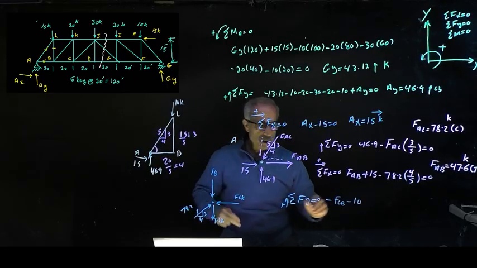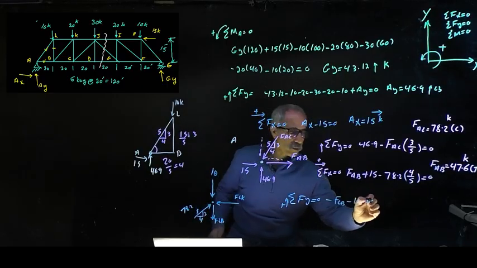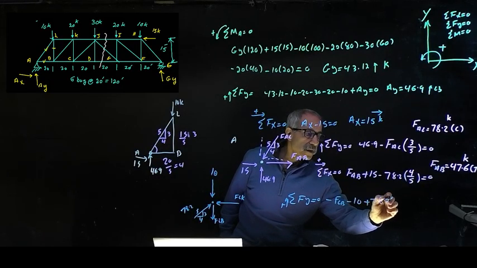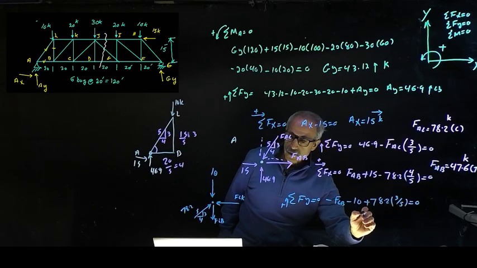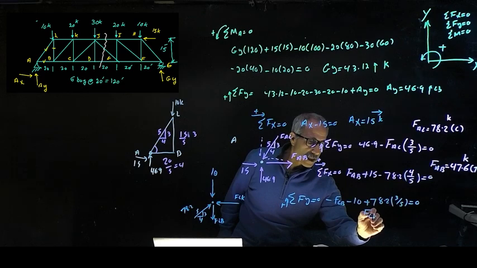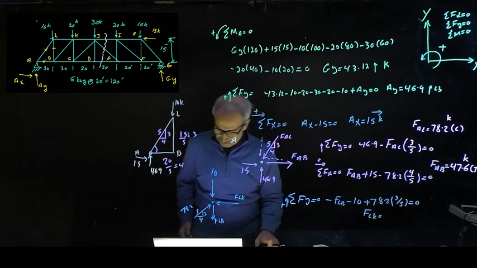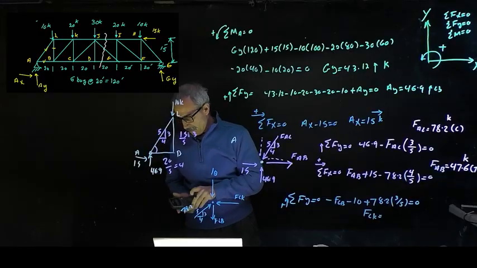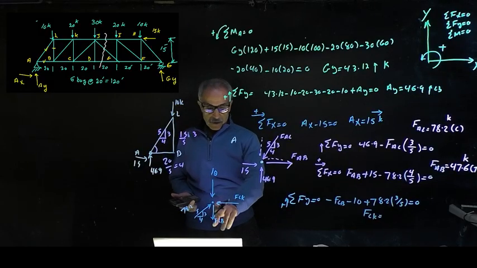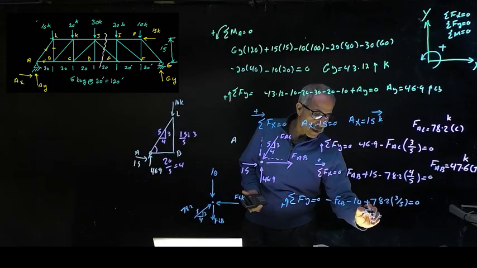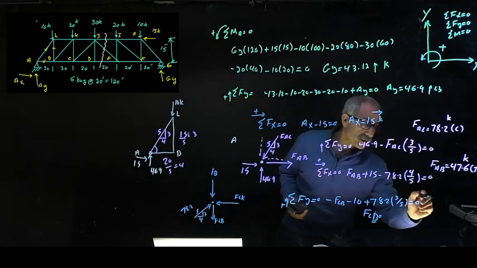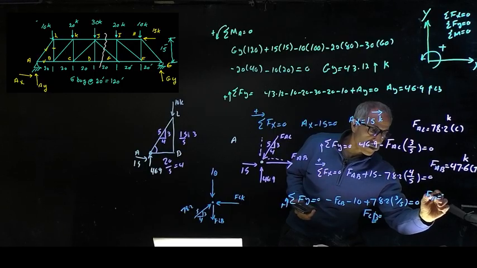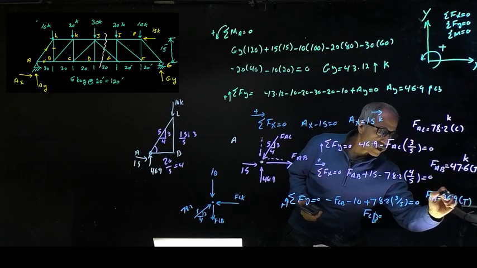And plus 78.2, vertical component is going to be 3 over 5, 3 over 5 equals 0, and therefore FLB comes out to be positive 36.9. So FLB is equal to 36.9 kip in tension.